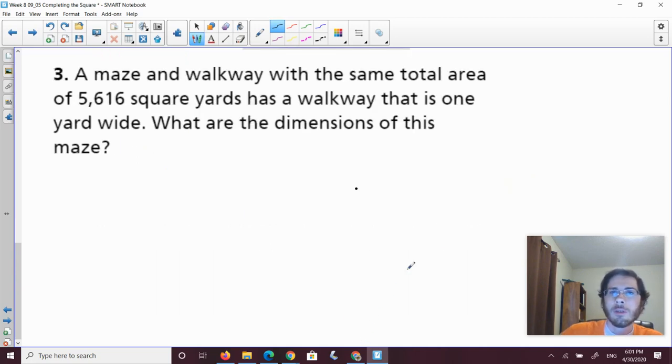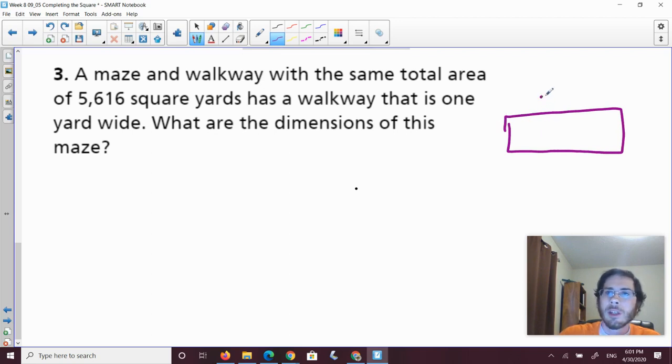So what I'm going to do is draw a nice little picture. Again, same deal. We're going to have 2W and W again as just the maze. And then we're also going to go out 1 for the walkway.